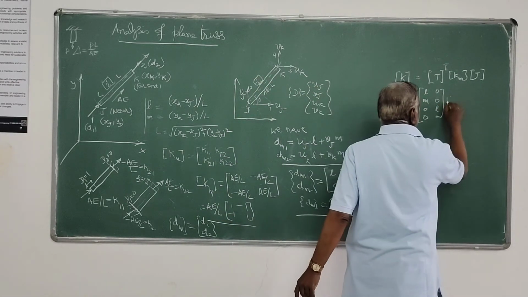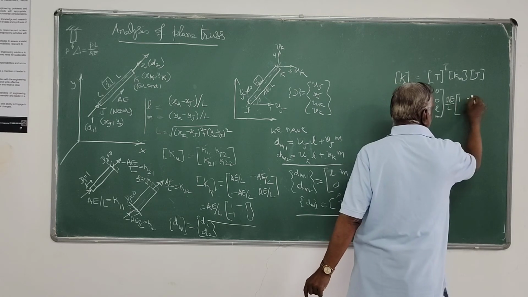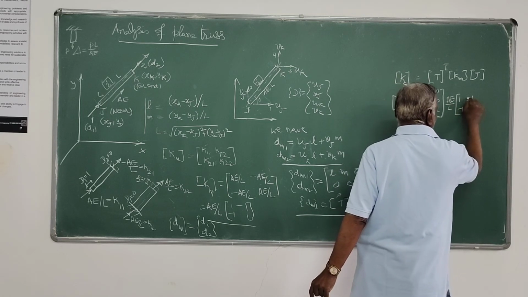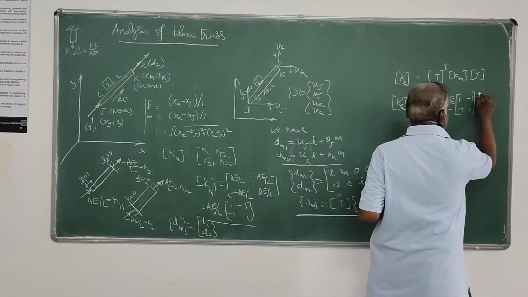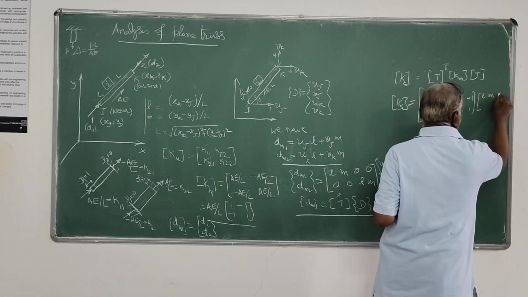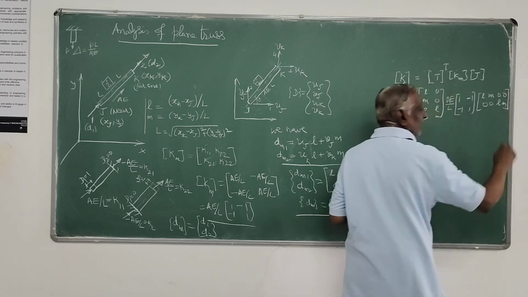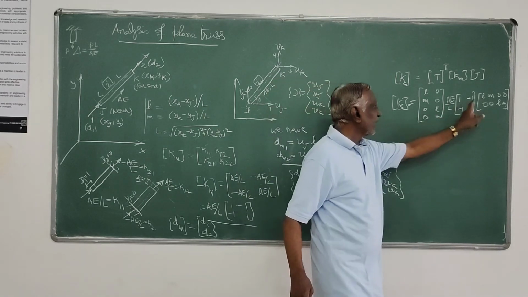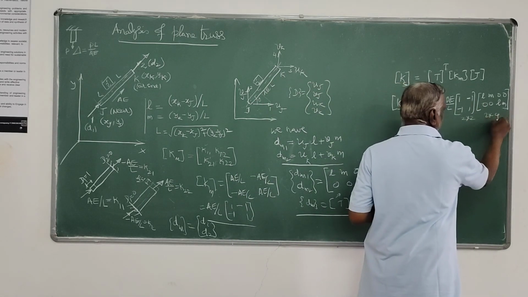This T transpose, Km I have derived, that is AE by L times [1, -1; -1, 1]. That is Km. And T, of course, is this: [L, M, 0, 0; 0, 0, L, M]. You can multiply these two first because it is 2 by 2 and this is 2 by 4.